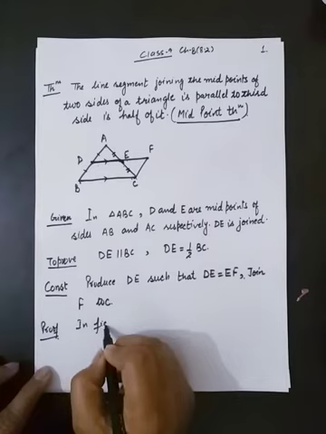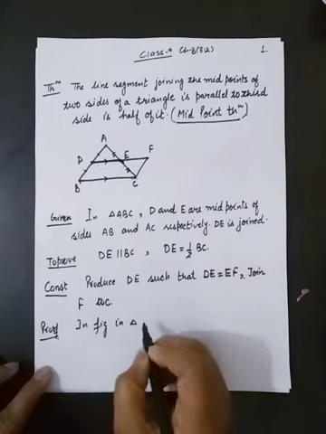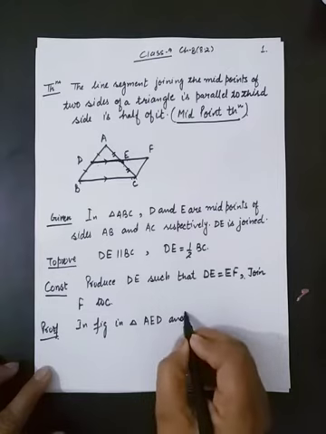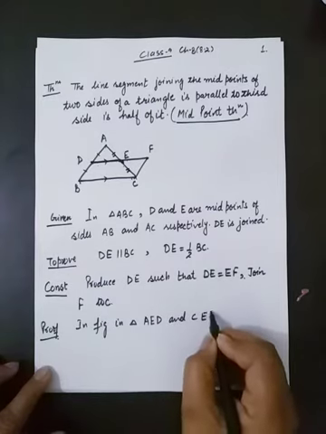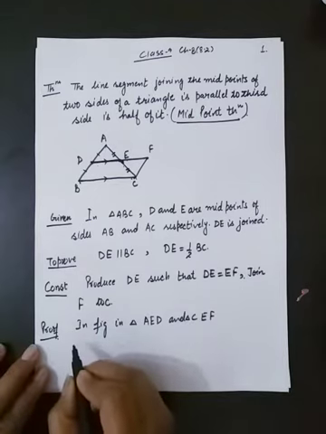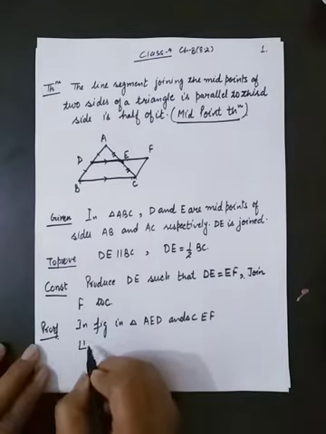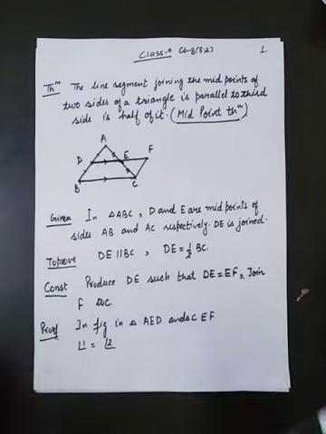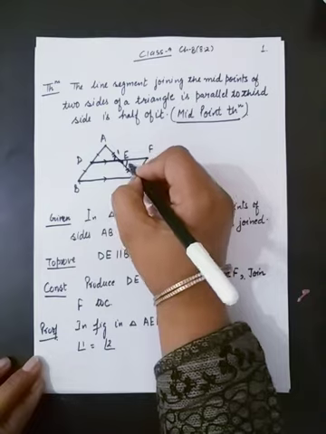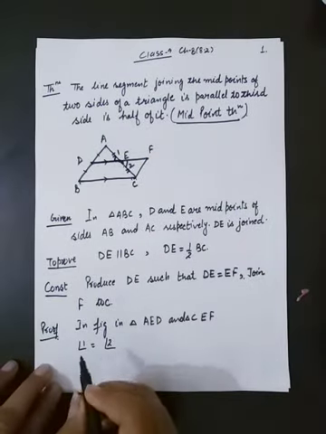In the figure, in triangle AED and CEF, you can see that angle 1 is equal to angle 2. Here, this angle is 1 and this one is angle 2.